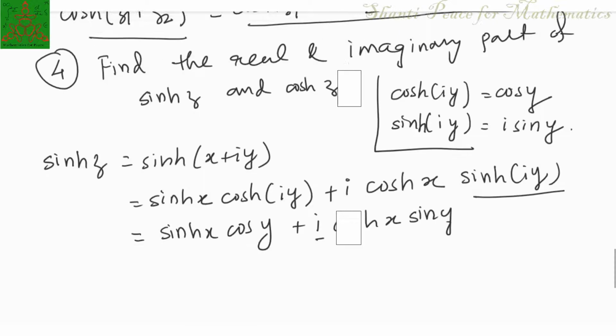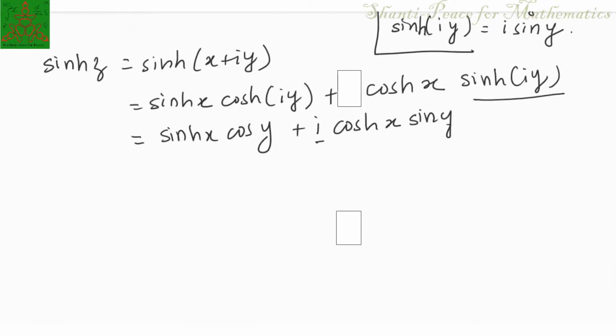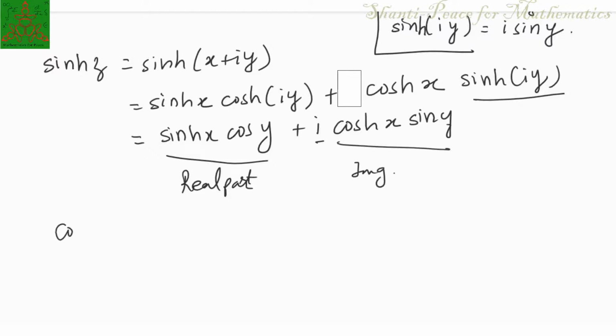So that is the real part, and this will be the imaginary part of sine hyperbolic of z.